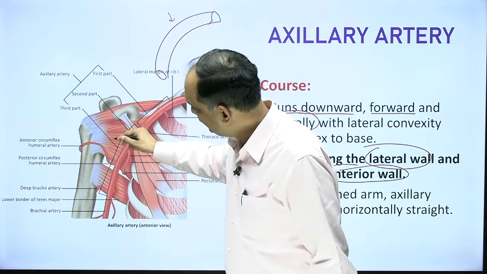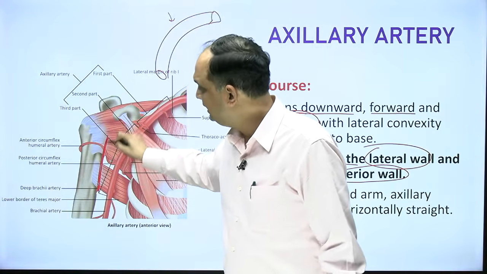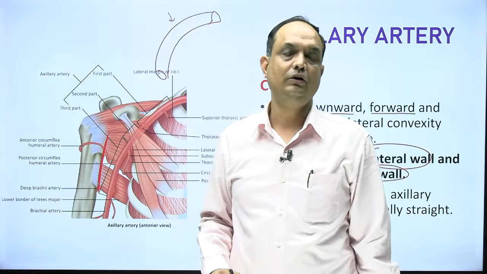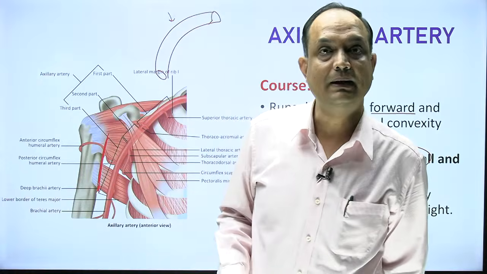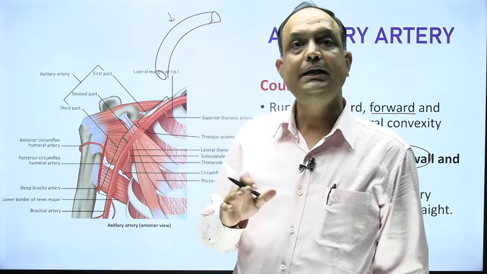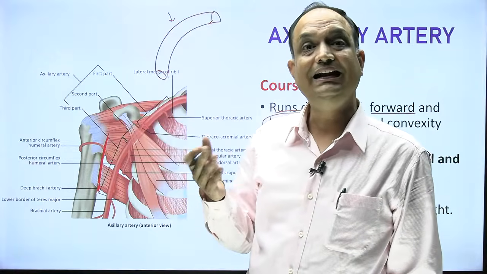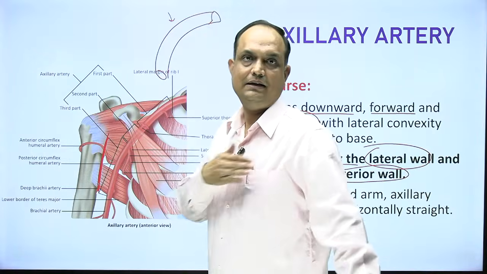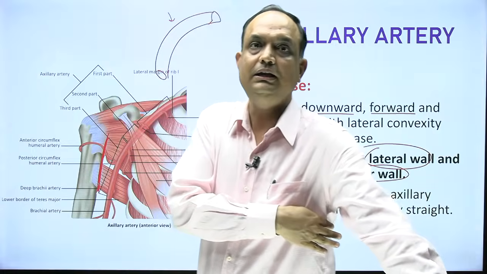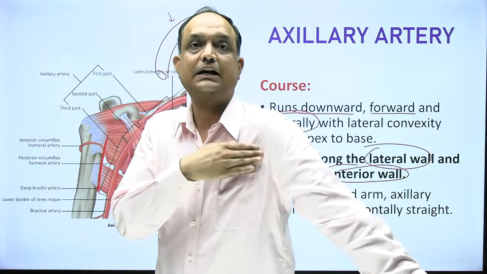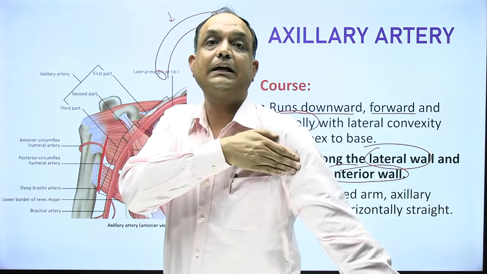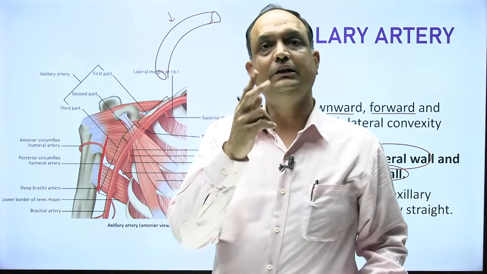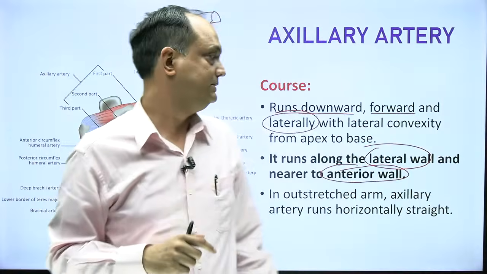So which wall is this? This is the lateral wall of the axilla, or you can say the inner aspect of the upper limb. So the artery is running on the lateral wall of the axilla, but more anteriorly. The artery is not going posteriorly. It is not running on the posterior side. It is coming gradually anteriorly. Clear? So these are the two important things which you have to understand.